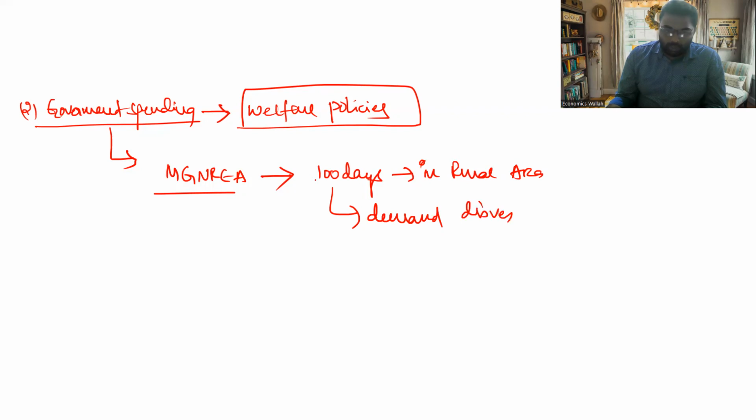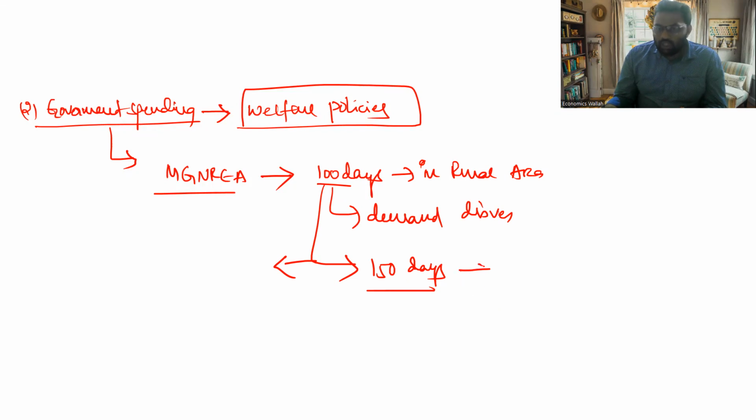During COVID-19 times, this work was also increased to 150 days. Why? Because during COVID-19, people migrated from urban areas to rural areas. So to accommodate their basic needs, the government extended the MNREGA scheme to 150 days. So they increased the days from 100 to 150.